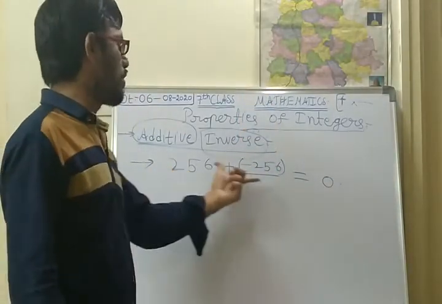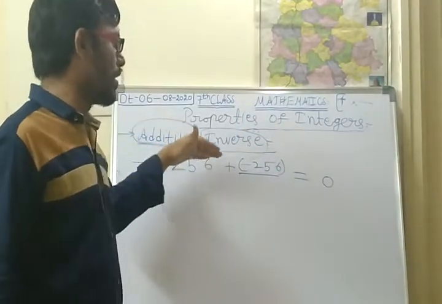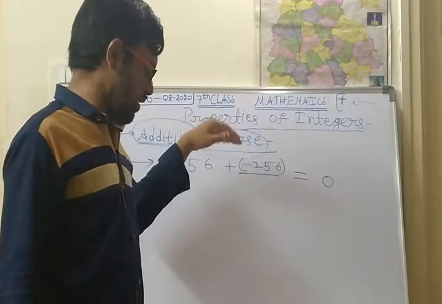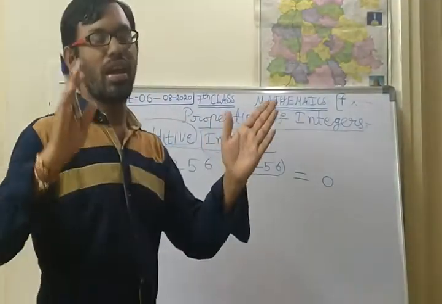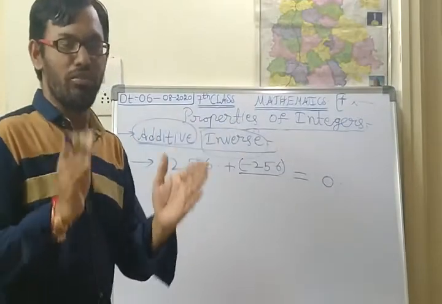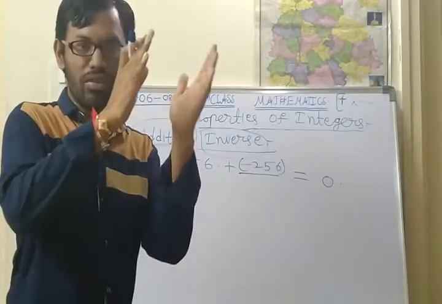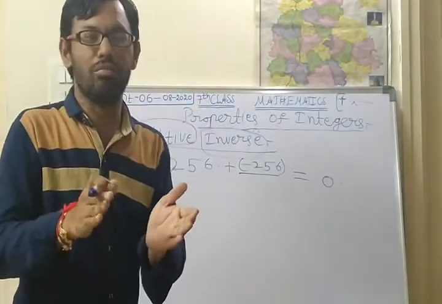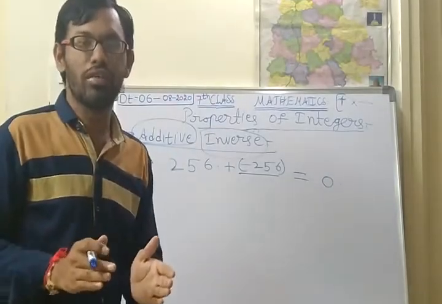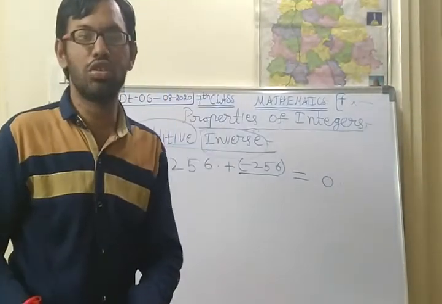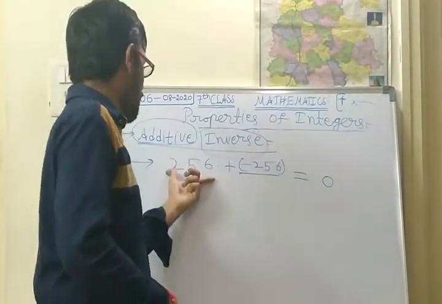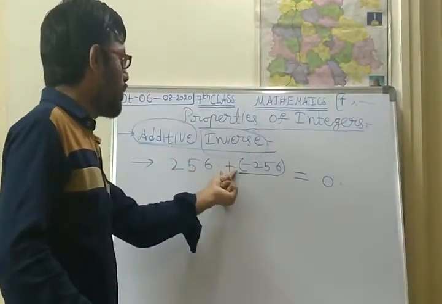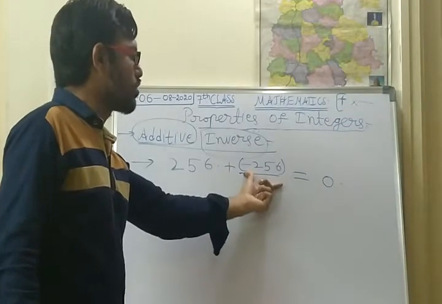Positive and negative, as I already said in additive identity: plus number and minus number. If the same number is there with two different symbols, you should cancel those two numbers to become 0. So here plus 256 and minus 256.